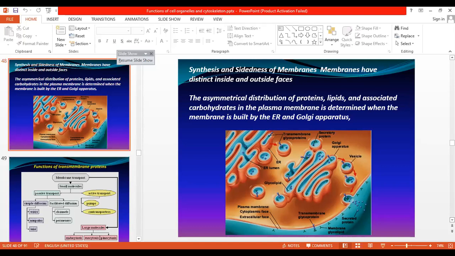Channels and carriers are proteins or protein complexes. Several protein subunits, two or three protein molecules, can combine together and form a channel. I will teach you when the ion channel comes. Understand? Again, ions go through that. Okay, understood, sir.